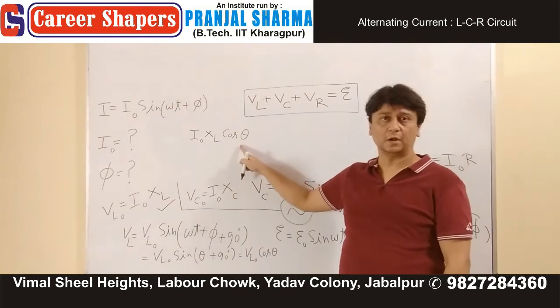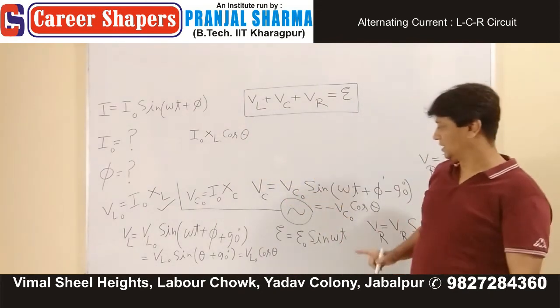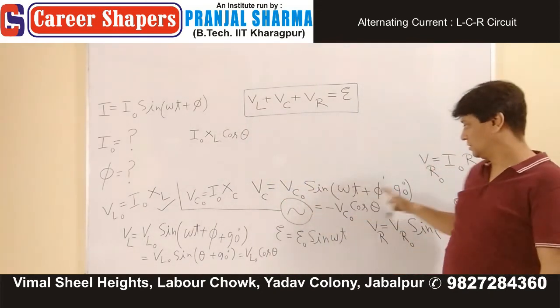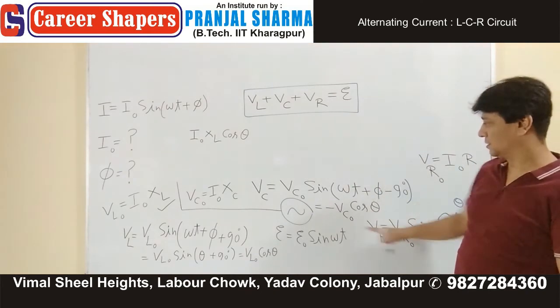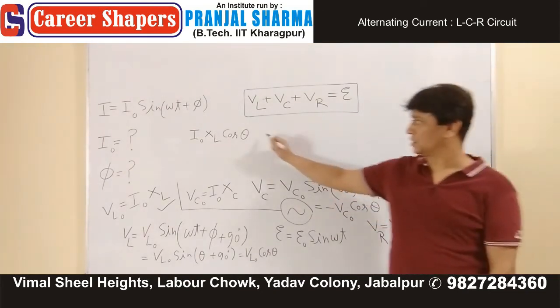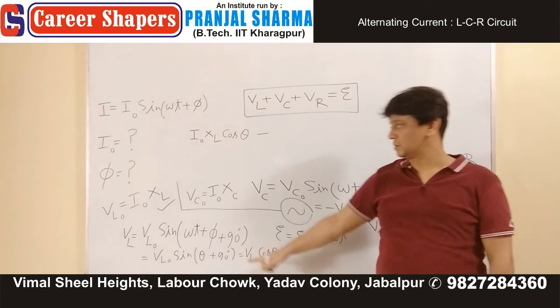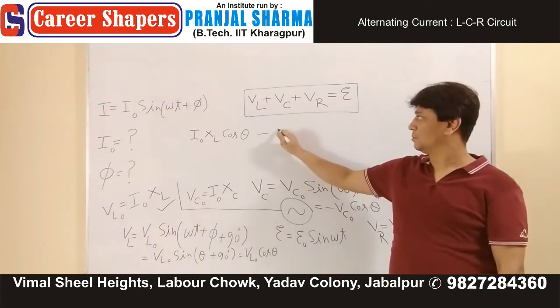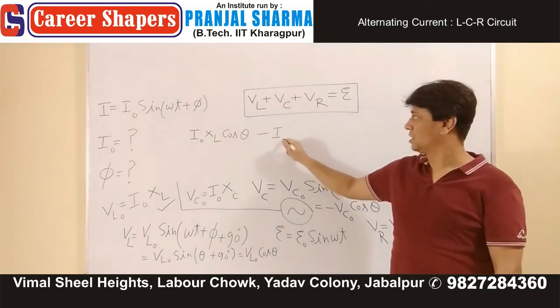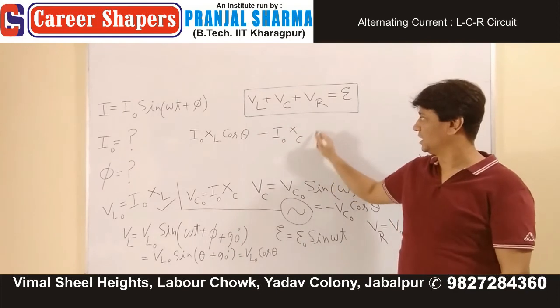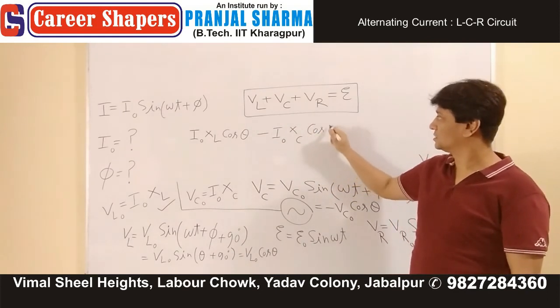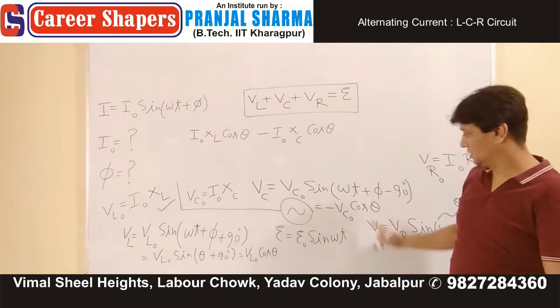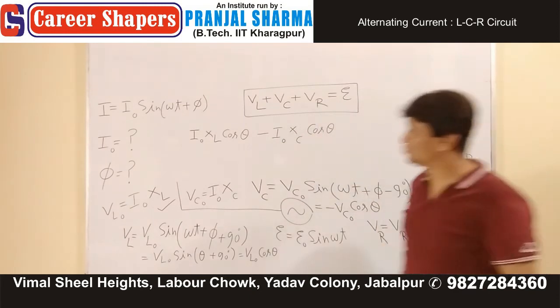This is your VL. What is VC? Minus of VC naught, which is minus of I naught XC cos theta, plus VR. What is VR?